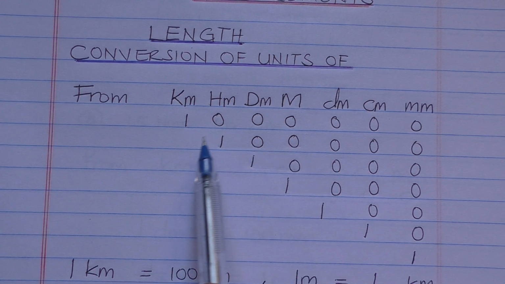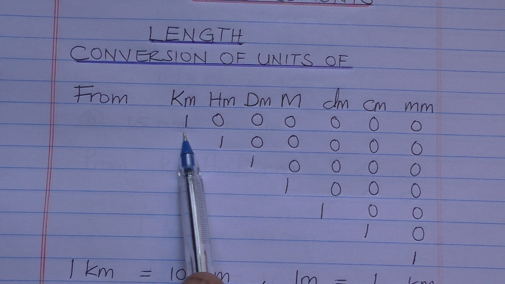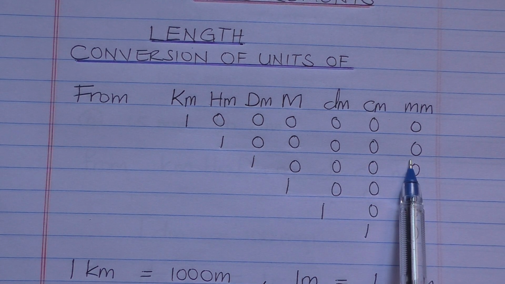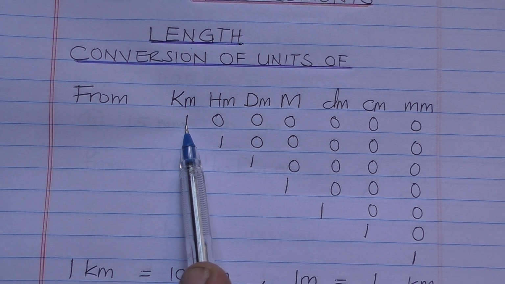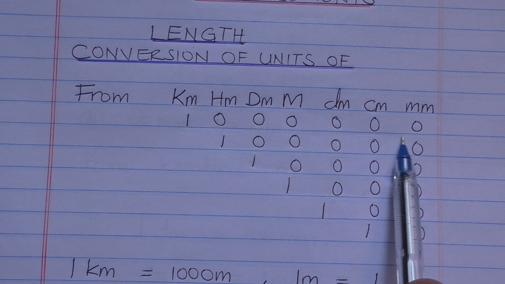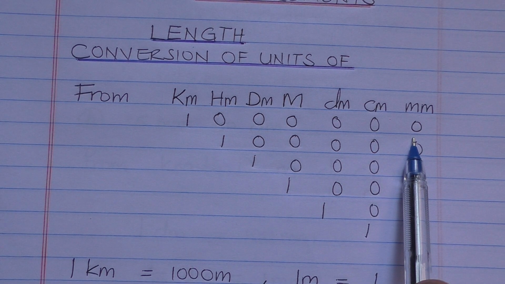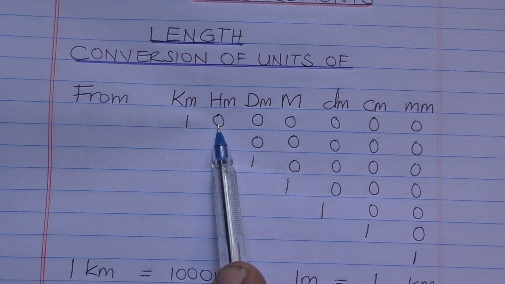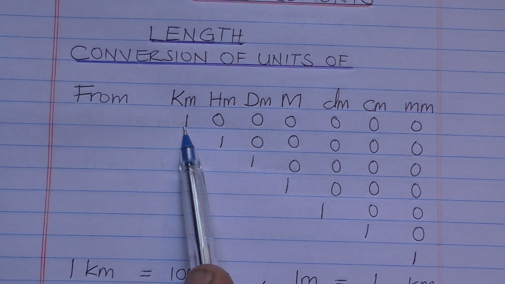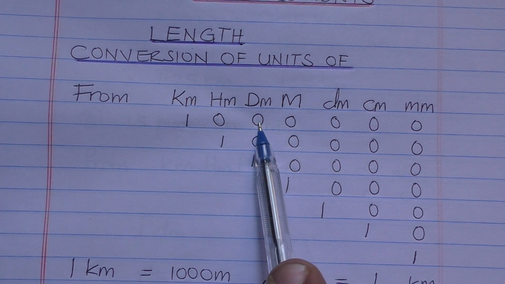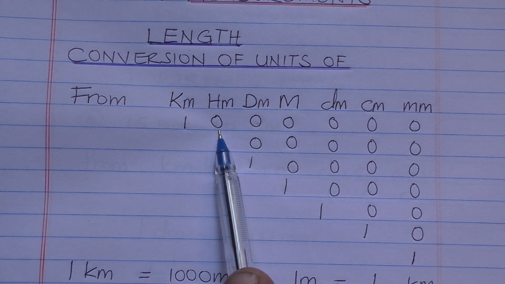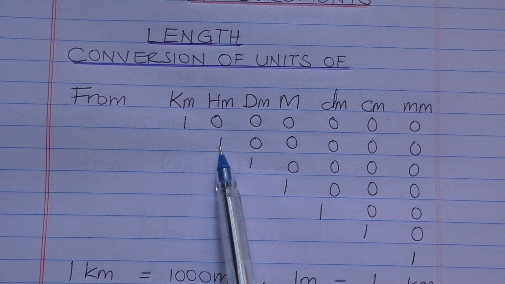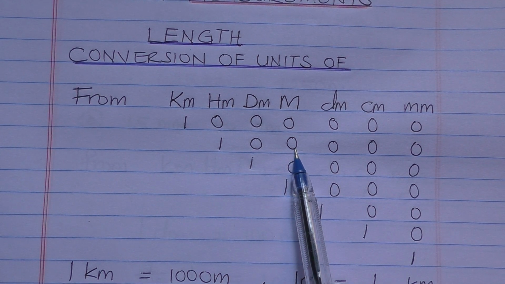If we are moving from left towards right while converting, we shall always multiply. For instance, from kilometer to all these other units, we shall be multiplying. From kilometer to hectometer, we multiply by 10. From kilometer to decameter, we multiply by 100. Then from hectometer to meter, we multiply by 100.